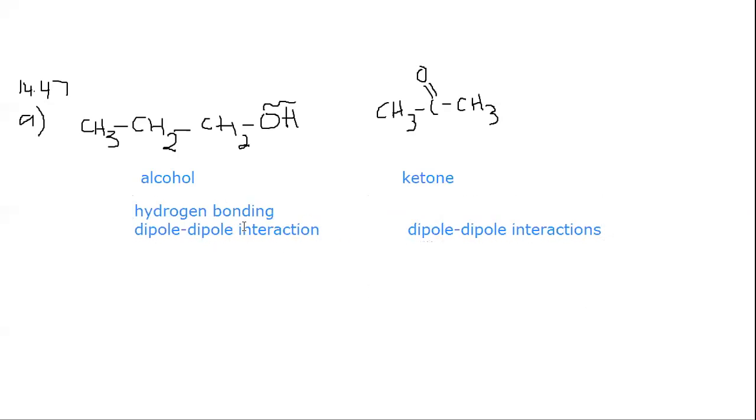So clearly alcohols have hydrogen bonding, so alcohols have a higher boiling point than ketones. Move on to 14.49.